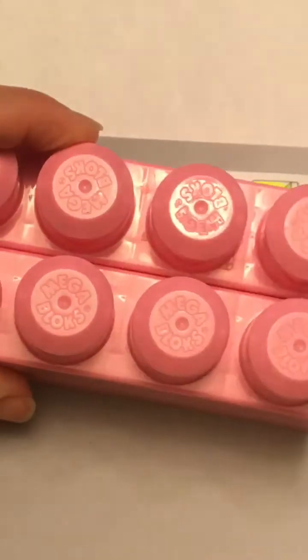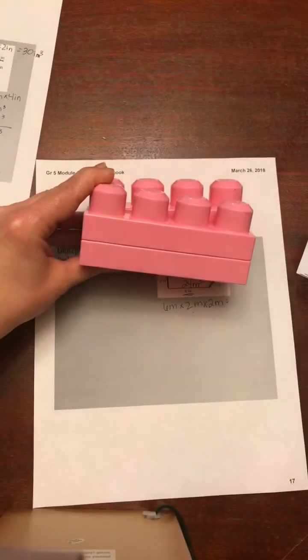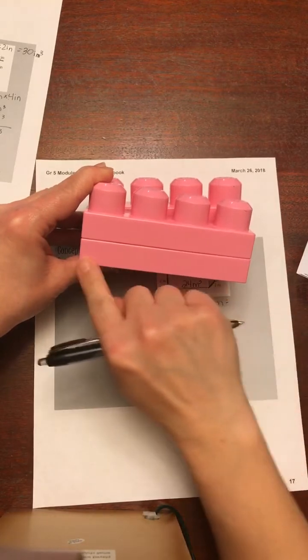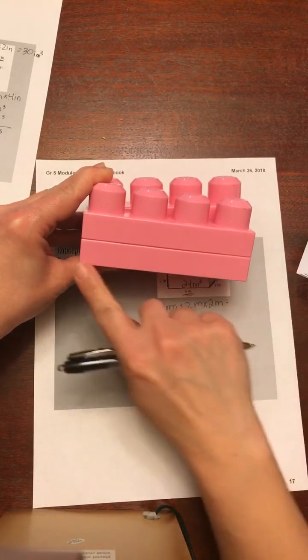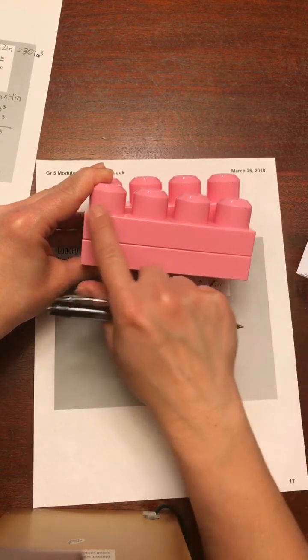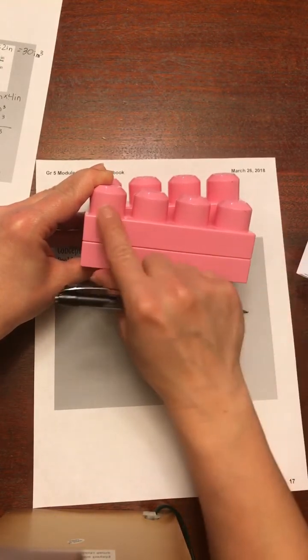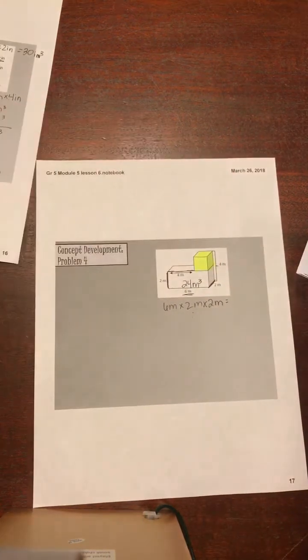So if I'm looking at just a rectangle like this, okay? And if my bottom here is 6, then the property of a rectangle tells me that this side also has to be 6 because they have even sides.